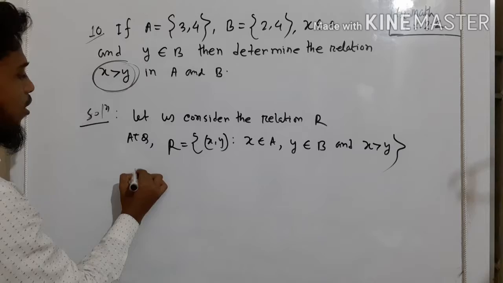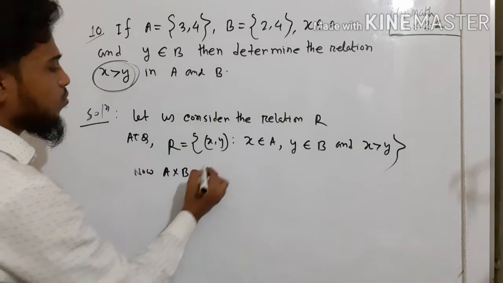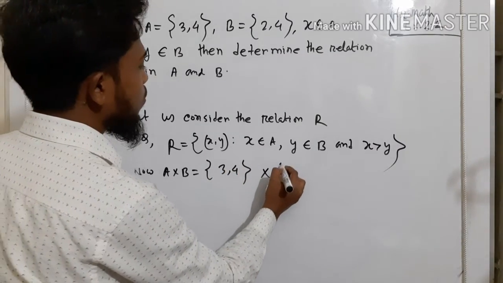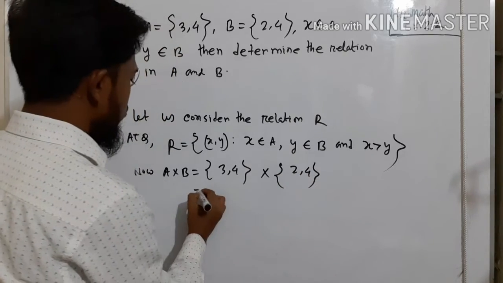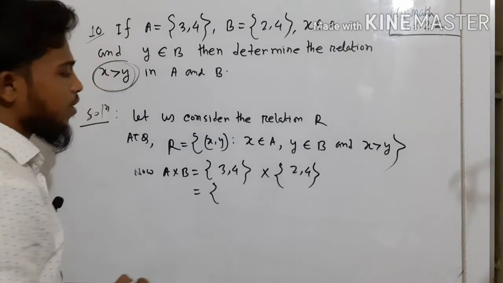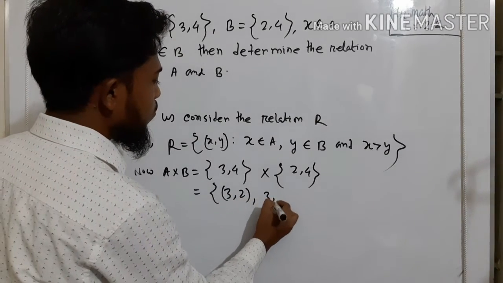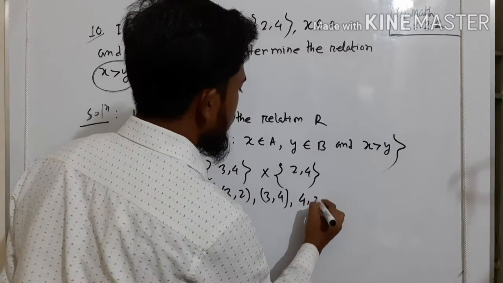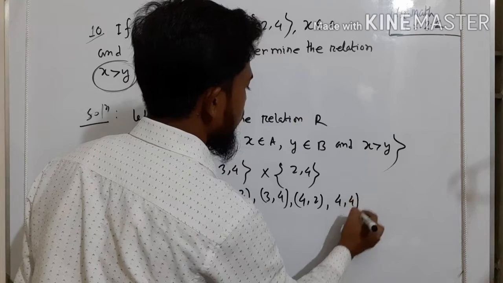So now A cross B equal to {3, 4} cross {2, 4}. This implies it is equal to {(3, 2), (3, 4), (4, 2), (4, 4)}.